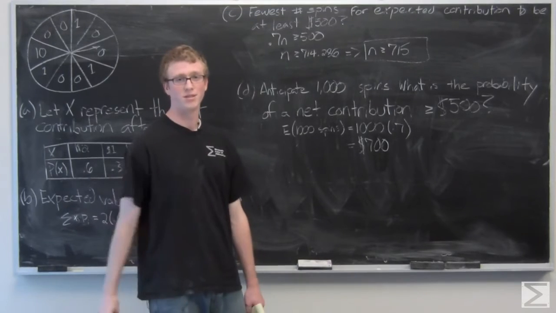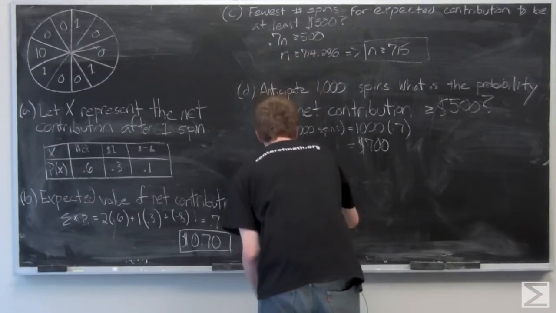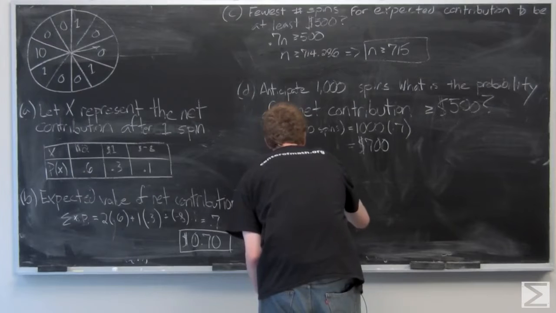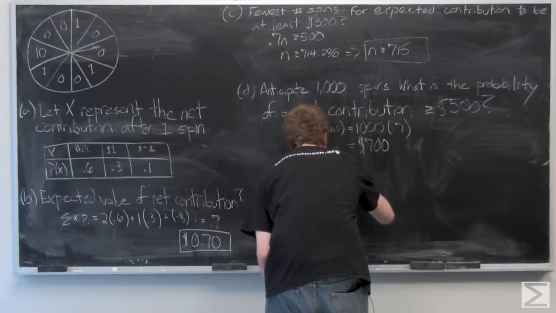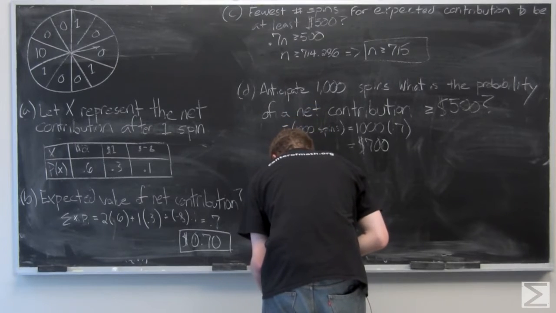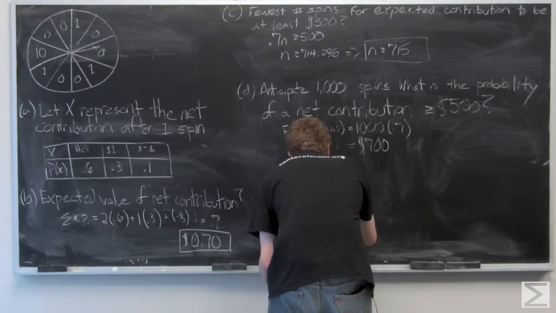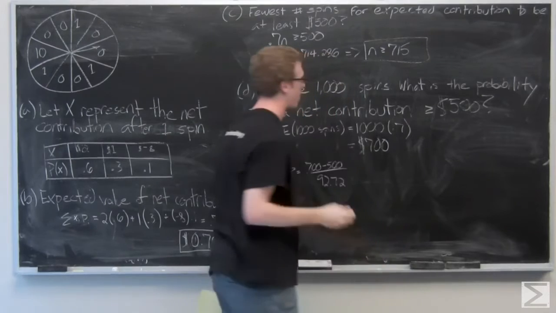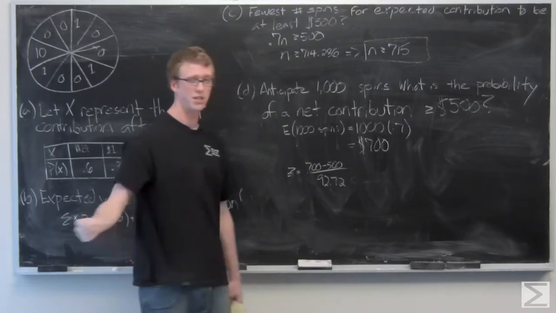Now it's just going to be simple, calculate a z-score to figure out what the probability is. This part of the problem actually also gives us the standard deviation value, which I forgot to write down here.